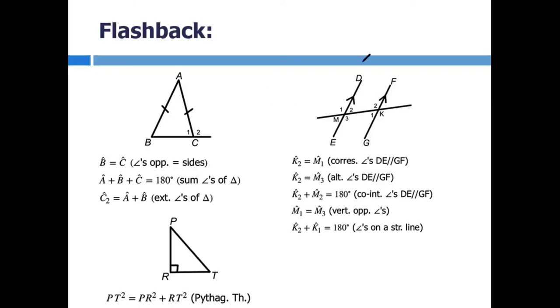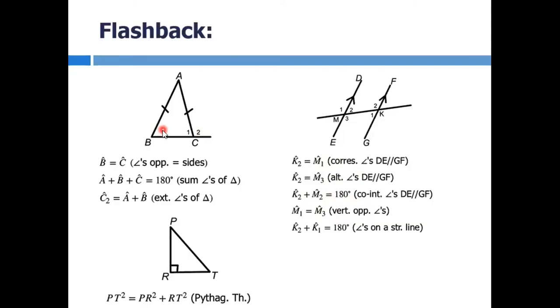Okay, so if we have a look over here, this is basically talking about our alternate and corresponding and co-interior angles. The biggest thing that we always forget is, remember, co-interior angles actually add up to 180, whereas corresponding and alternate angles are equal to each other.